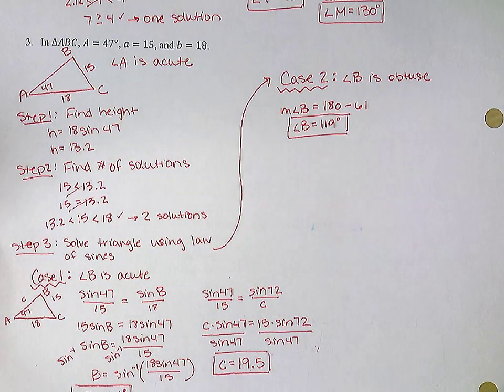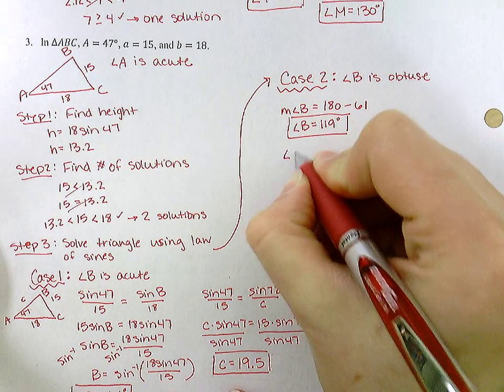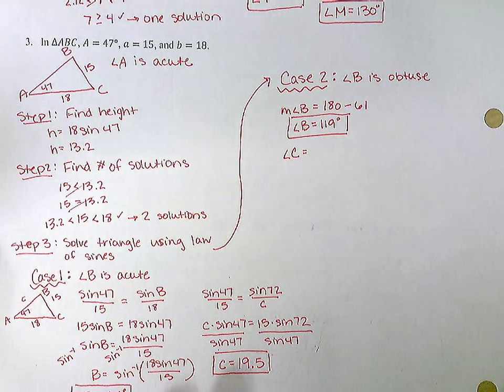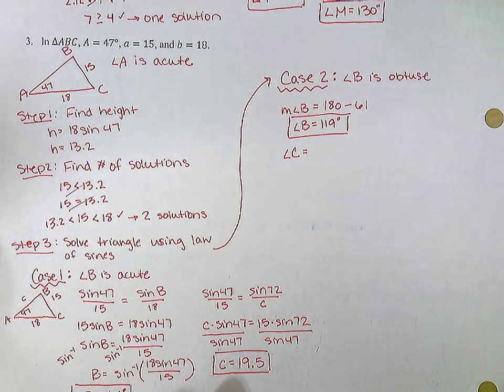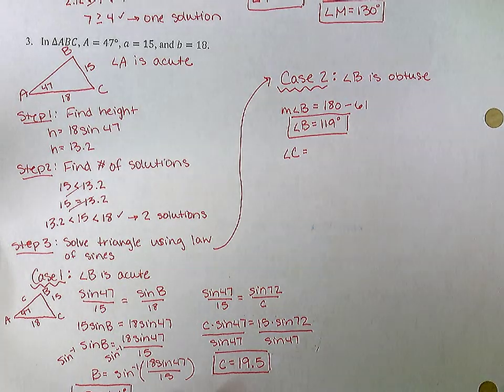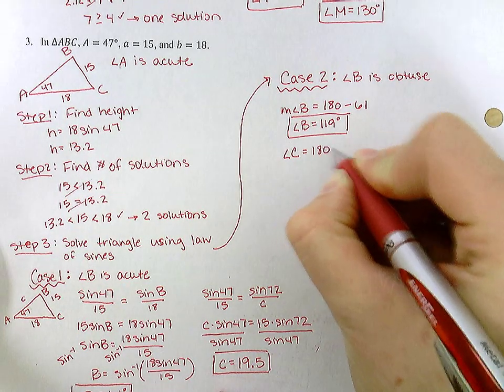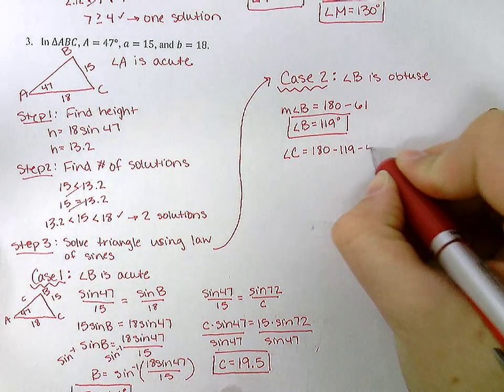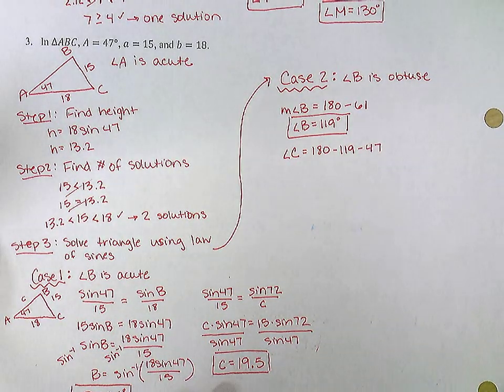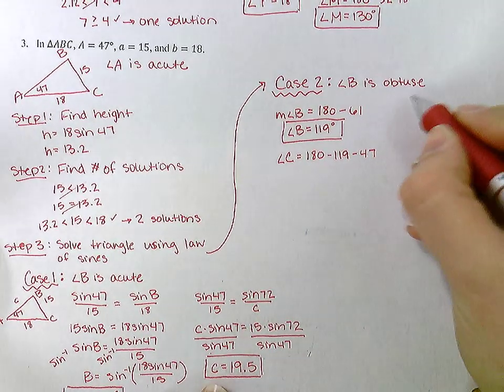Okay, so now if I have angle B, how do I find angle C? 180 minus 119 minus 47. Again, it's a triangle, right?